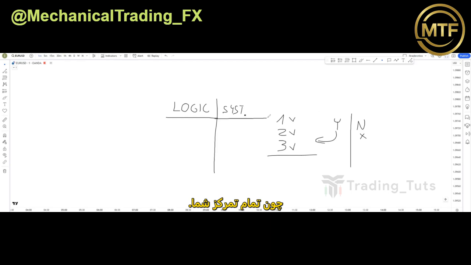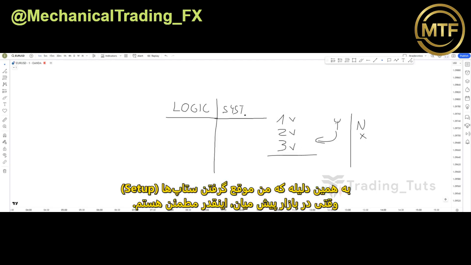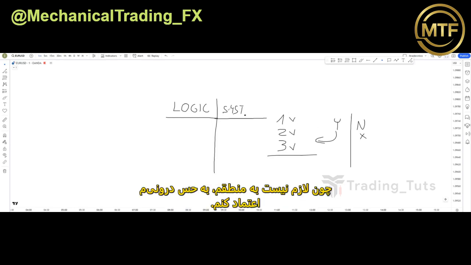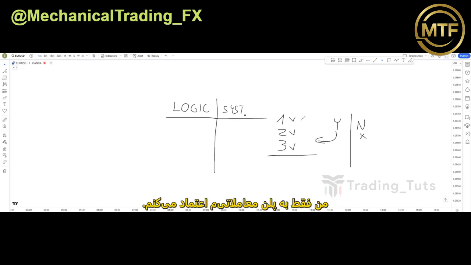Because all your focus, all your trust is put into your checklist, into your trading plan. That's why I'm so confident taking a setup when I come across it in the market, because I don't have to trust my logic, my common sense, and all the factors that can be wrong if you trade in the long run. I just trust my trading plan.